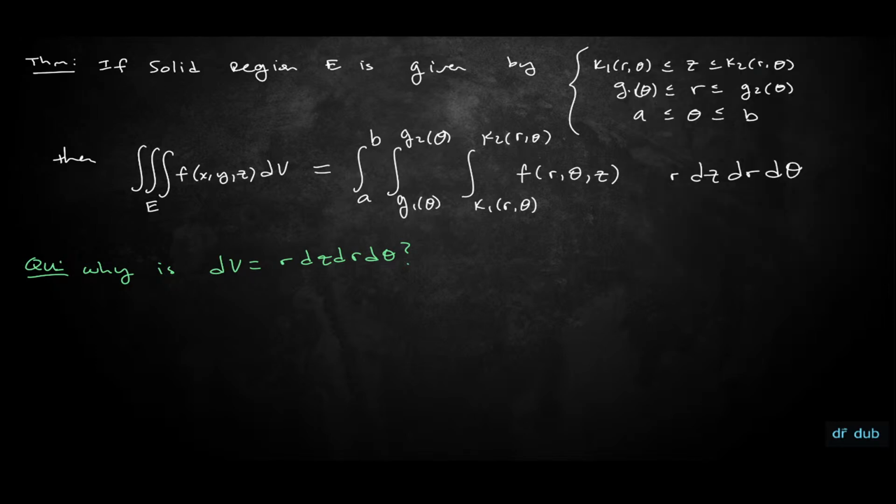So, question, why is dv equal to r dz dr d theta? This is very similar to what we had for polar coordinates. So the answer is we consider differential changes in each variable.